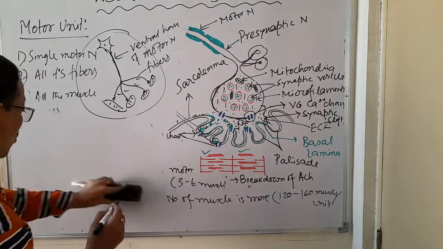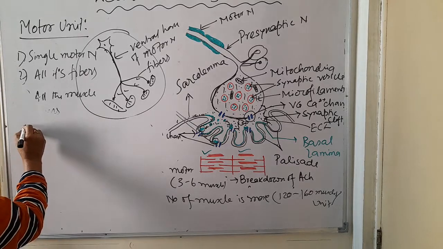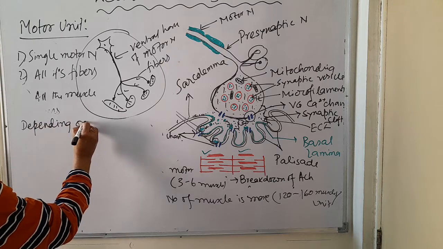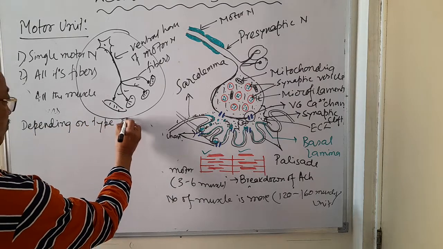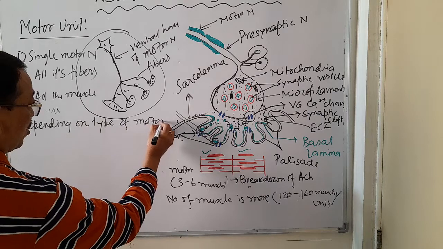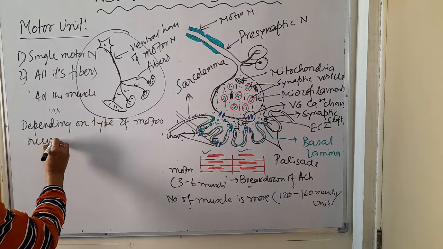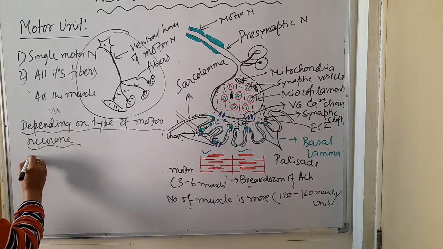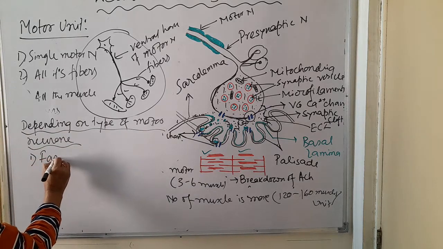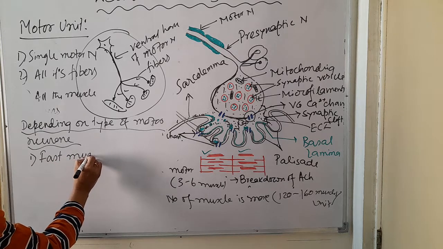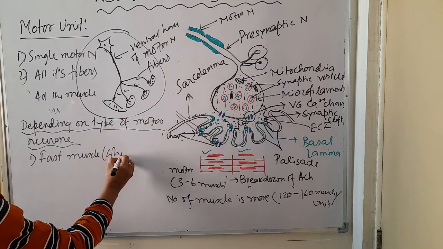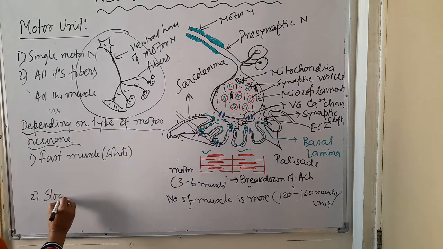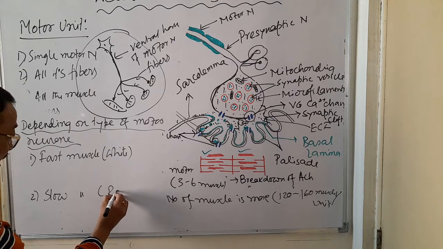So depending on the type of motor neuron, there are two types of muscle. One is known as the fast muscle or white muscle, and another one is known as the slow muscle or red muscle.